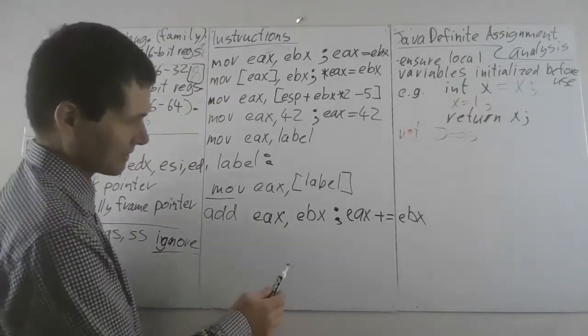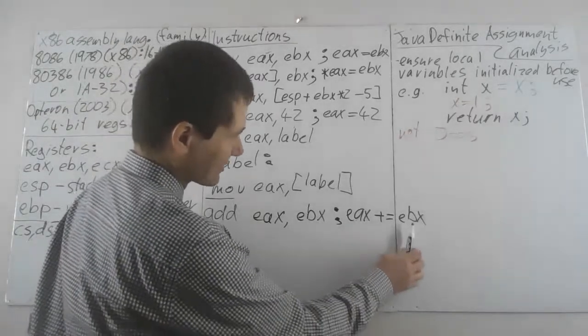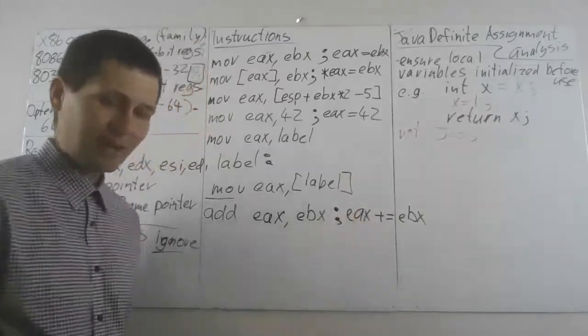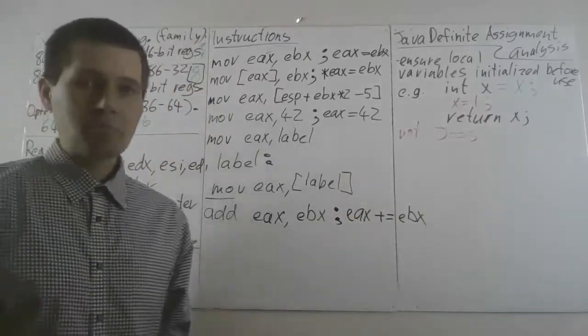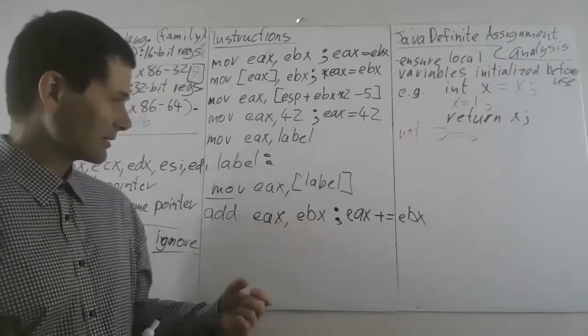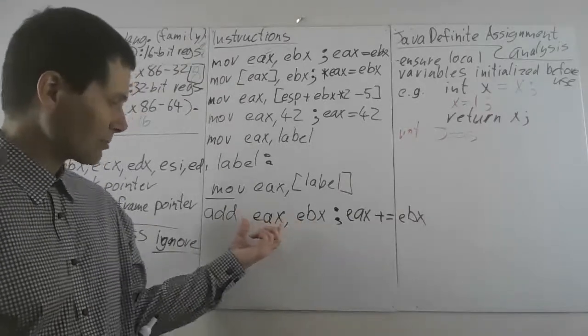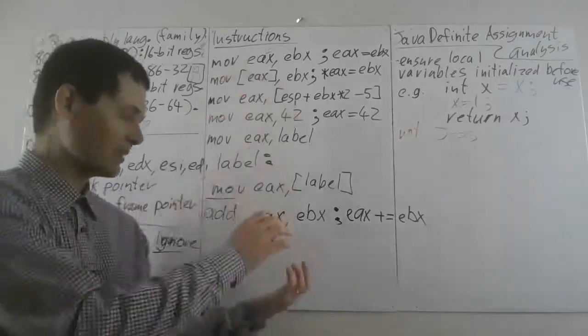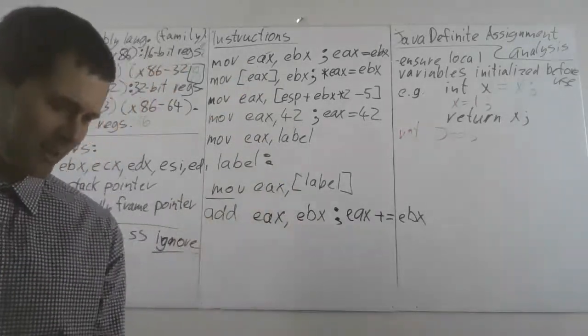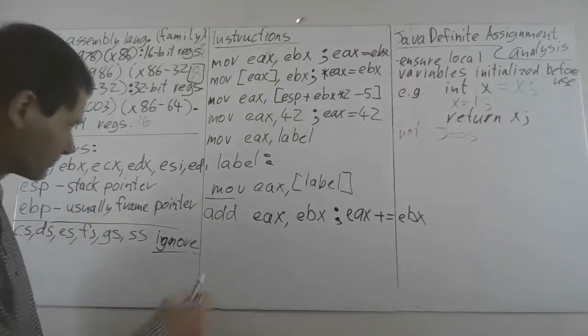So the idea is that you add EAX to EBX, and then the result always goes into the left operand. Most of the x86 instructions are designed this way. They only take 2 operands, and the first operand is both one of the operands and also the destination. That's how you can add 32-bit numbers.